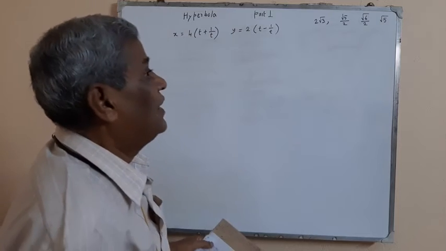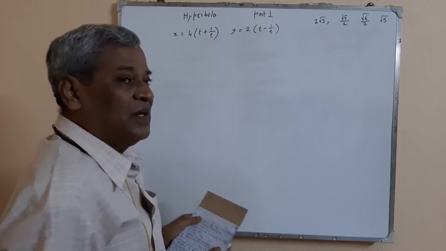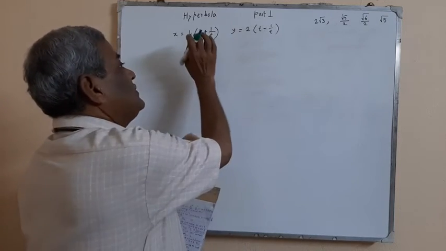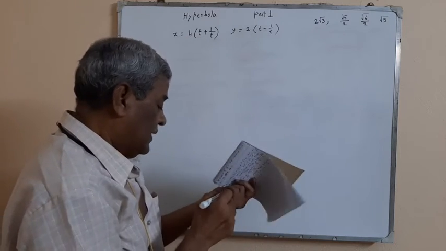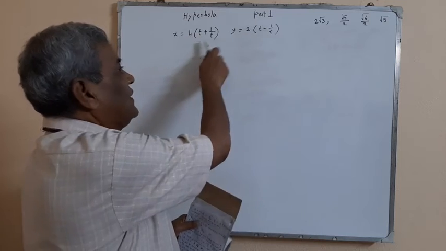So these are the options. We have to find the eccentricity of that conic.